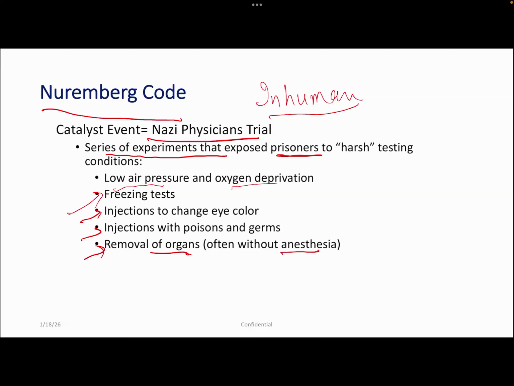So these are only a few. It does not feel very good when you are discussing these types of experiments, right? If you want, there is a lot of information on Google, and I guess there is a book also, Black Trial or something like that. If someone has more interest, they can read it.